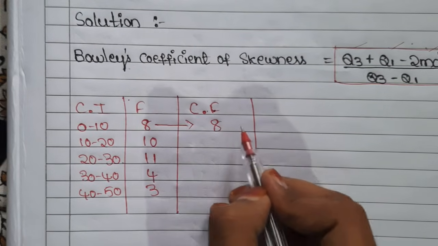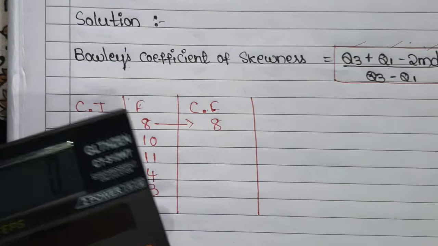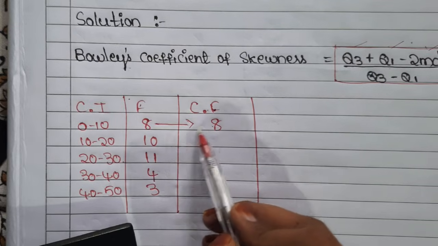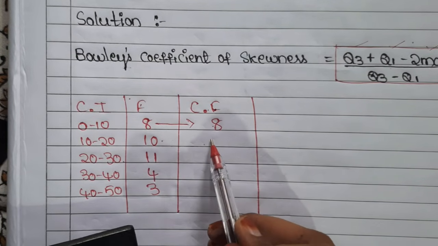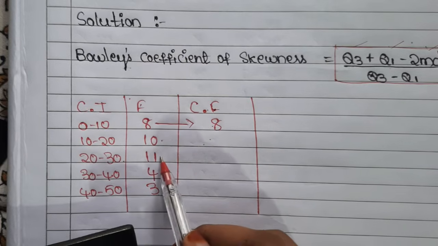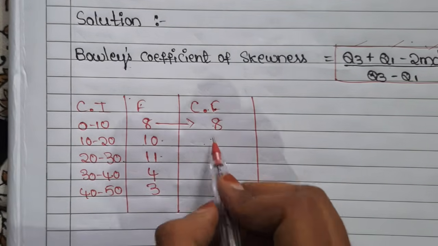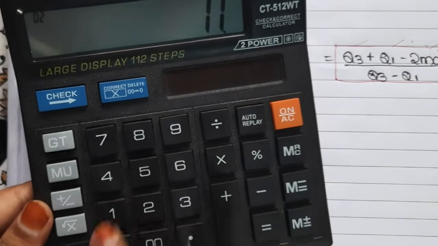Then you take a calculator and add this cumulative frequency with the next frequency, and you get the next cumulative frequency. Then you add that with the next frequency, and you get the new cumulative frequency. So 10 plus 8 is 18. Then you add 18 plus 11.